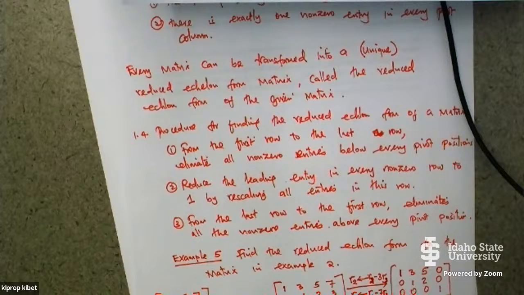So we are trying to get a new R2, R2 minus 3 R3, and a new R1, R1 minus 7 R3. Okay, so this is the leading entry. That means we want to make this one to be 0.